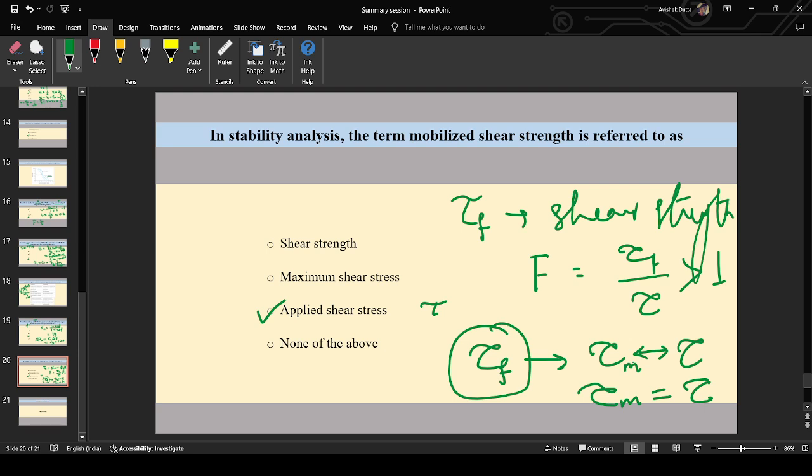If the entire amount of shear strength is used up, that means the entire shear strength of the soil has been mobilized. That means here tau f will be equal to tau m equal to tau.